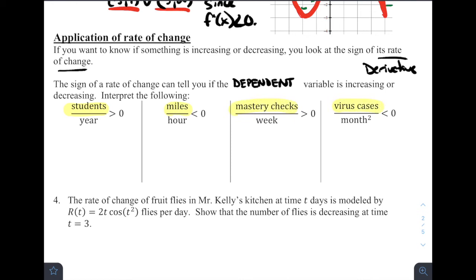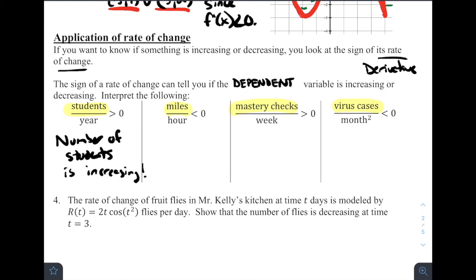So if I know that students per year is greater than 0, my conclusion is that the number of students is increasing, because the derivative, students per year, is greater than 0.